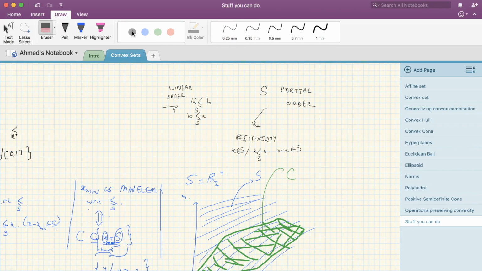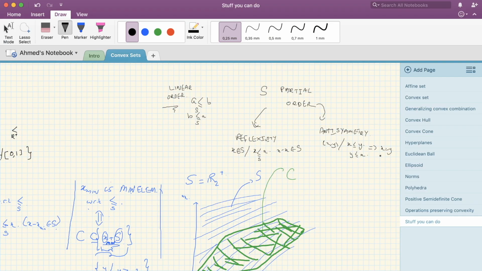Two, you need the antisymmetric property, which is simply the following. If for any couple x, y, you have that x is less than or equal to y and y is less than or equal to x, so antisymmetry, then guess what? x is y, as your intuition might tell you, okay?